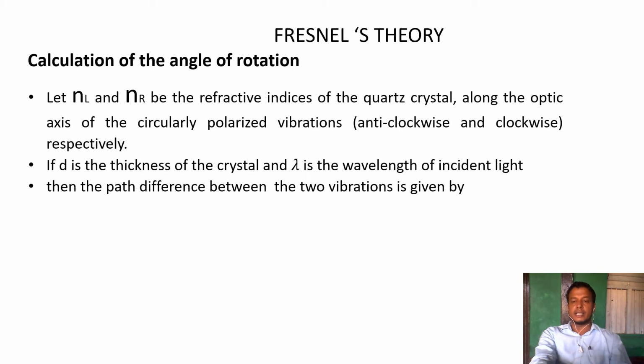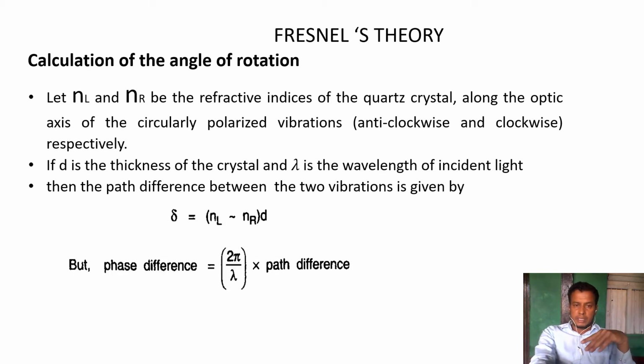If d is the thickness of the crystal and lambda is the wavelength of the incident light, then the path difference of the two vibrations is delta equal to (nL minus nR) into the thickness d. The phase difference is 2 pi by lambda into the path difference, that is 2 pi by lambda into (nL minus nR) into the thickness.